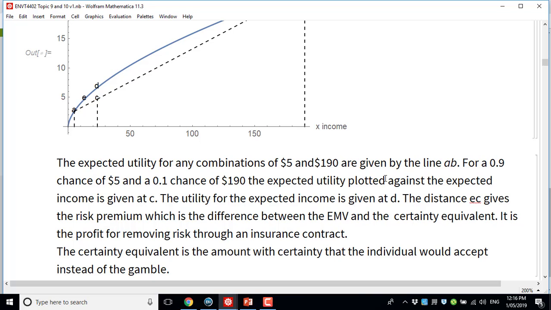So you can imagine that this difference is something that a risk averse individual is willing to pay to buy protection against the loss. It's like an insurance. Does it make sense?